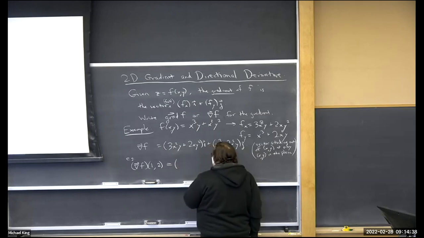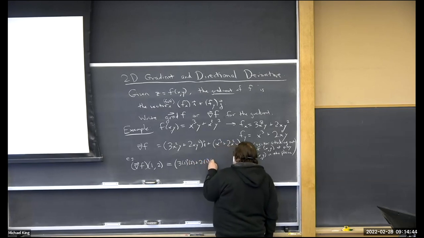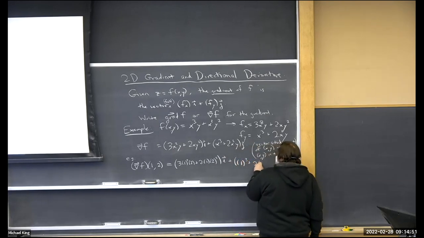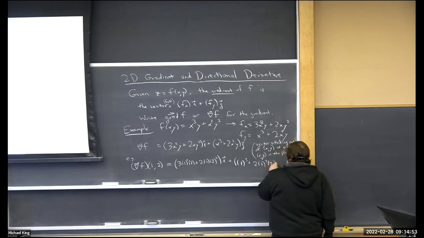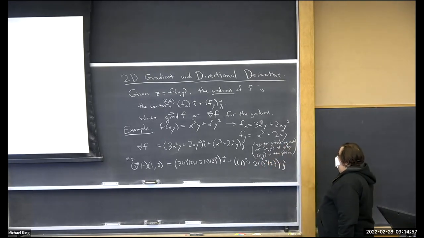So we just get 3 times 1 squared times 2 plus 2 times 1 times 2 squared i, plus 1 cubed plus 2 times 1 squared times 2 j. I'm plugging those in correctly. Let me know if I'm not.